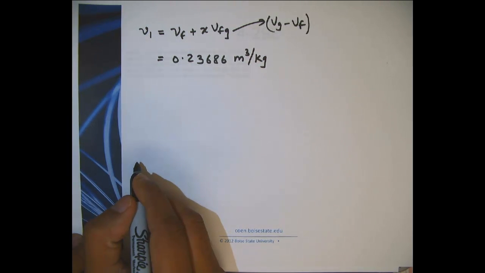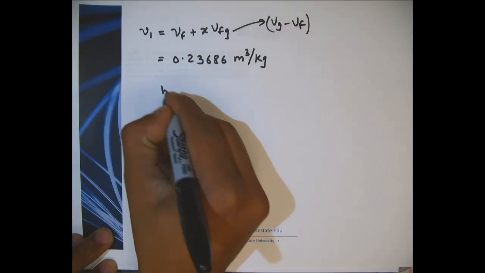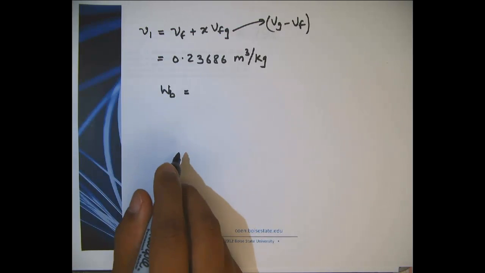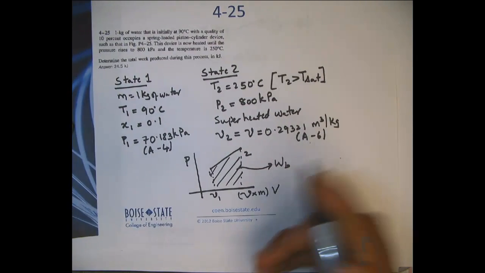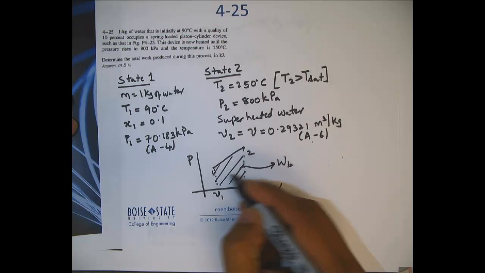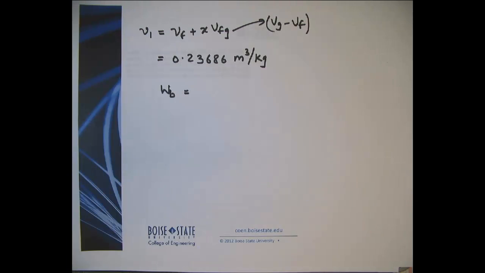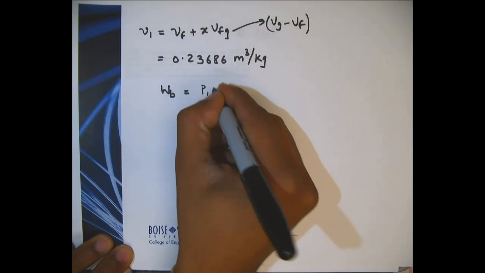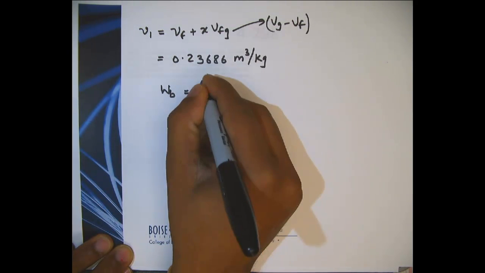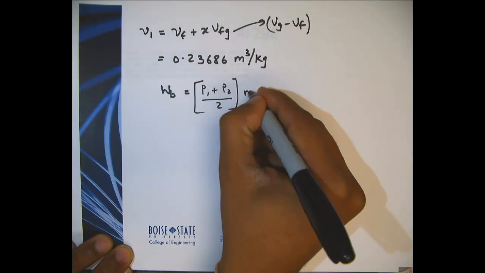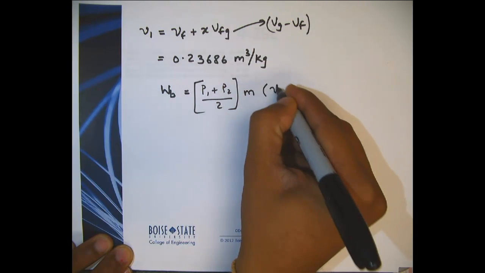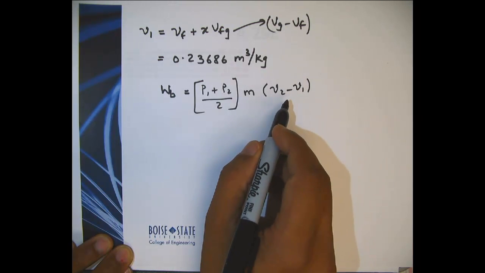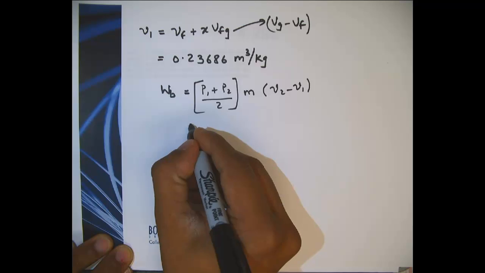So now the work done, since this area is the area under a trapezoid, we can compute the work done by taking the average of the pressures times the mass times the specific volume difference at state 2 and state 1 for a linear process.